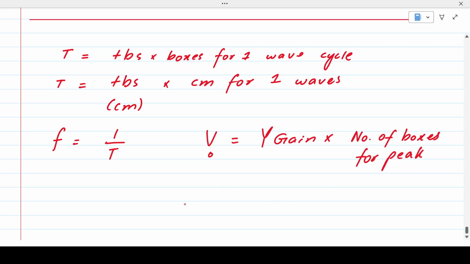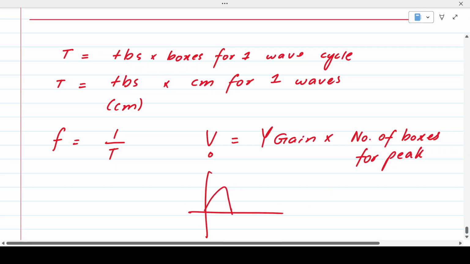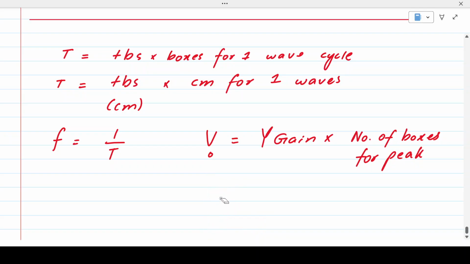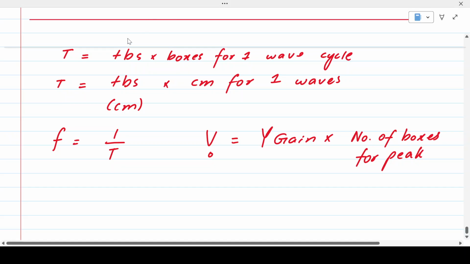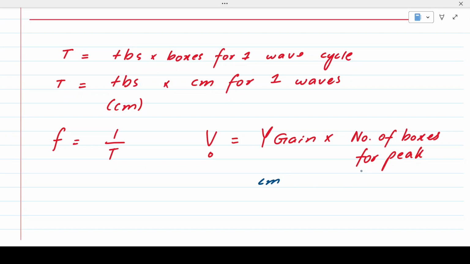Like the peak of the wave is at how many boxes, and then you have small boxes. You can count the number of boxes that you take to reach the peak. If the y gain is given in centimeters, then you need to count the centimeters that you need to reach the peak.